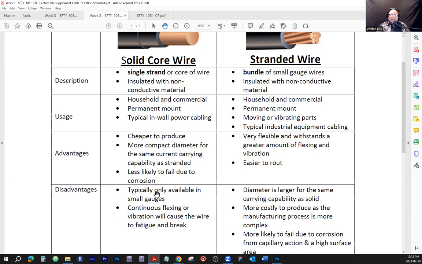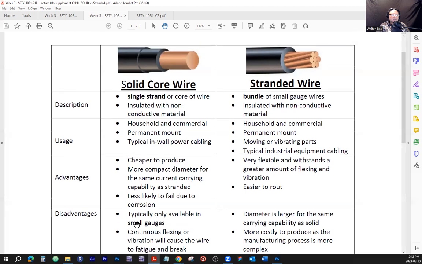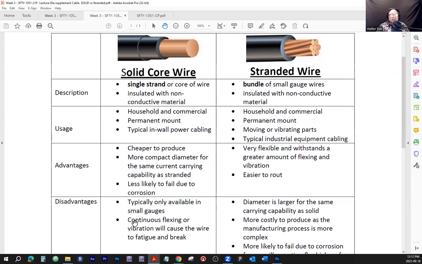As the thickness of the conductor goes up, after a while, we don't have a wire anymore. We just have a solid metal rod. And it's not very practical to bend, route, and install. So it can only be so thick in order to be practical. With some exceptions, of course, but we're talking generally.